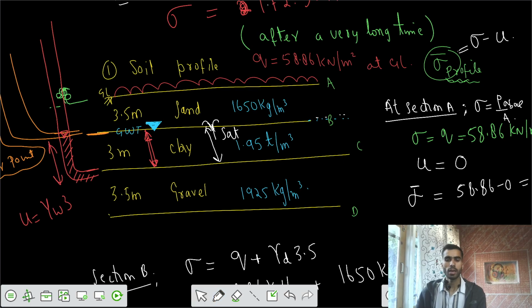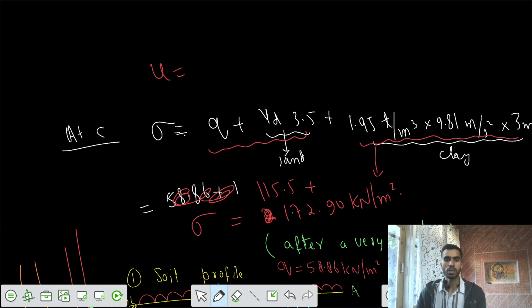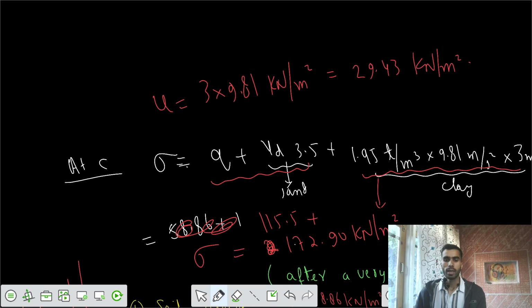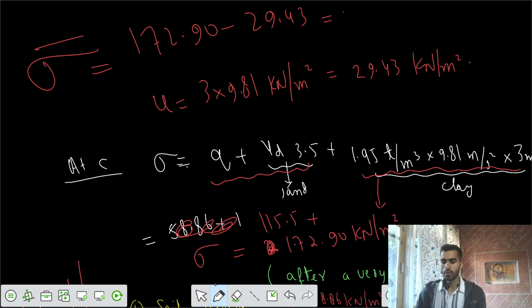So that's 3 gamma W, which is 29.43 kilonewton per meter square. And from those two, we can get the effective stress at the point C. That is 172.90 minus 29.43, a value of 143.47 kilonewton per meter square.